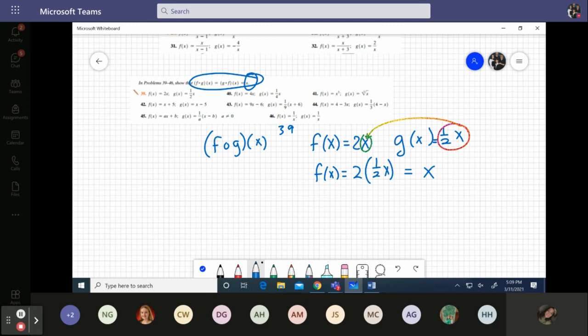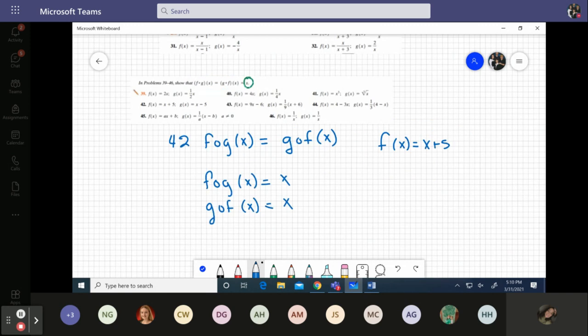Well, if f of g of x equals x and g of f of x equals x, then they have to be equal to each other. So my f of x is x plus 5. My g of x is equal to x minus 5.